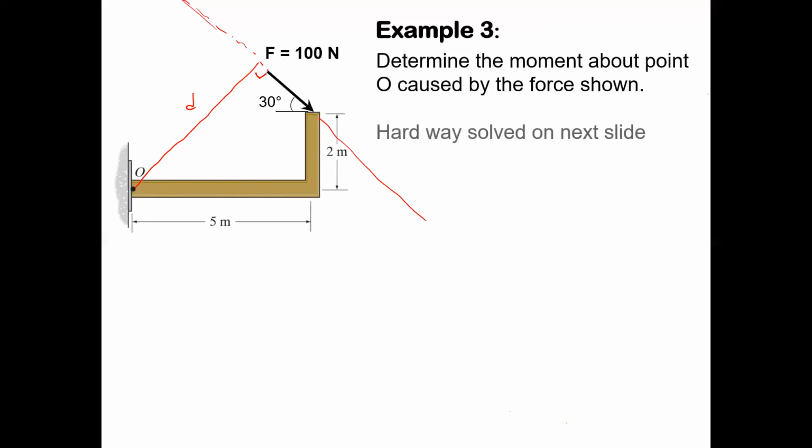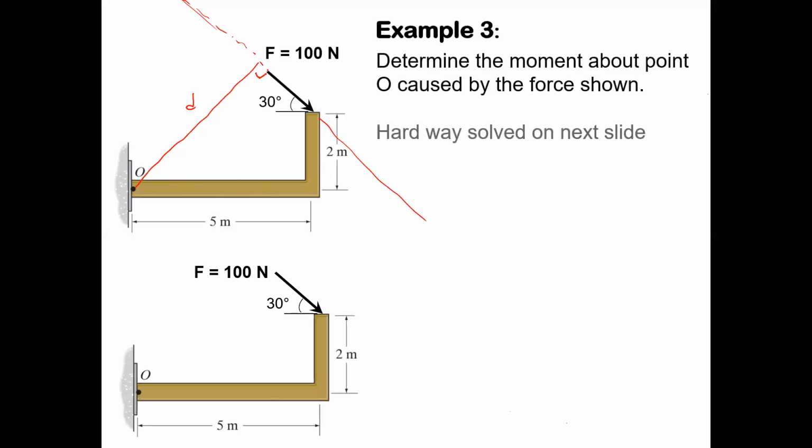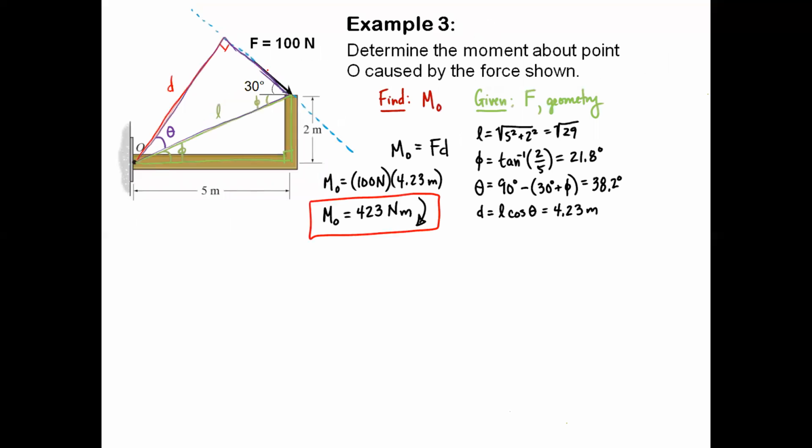So the hard way to solve the next problem is, let's take this force and break it down into two sections. Oh yeah, I didn't want to actually do this, so this is the hard way. Actually, let me just show this to you. This is the hard way. You don't have to write this down. You're never going to have to do it this way.